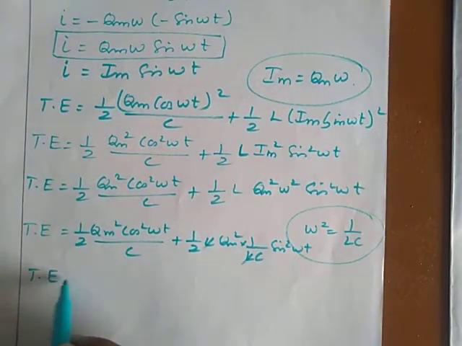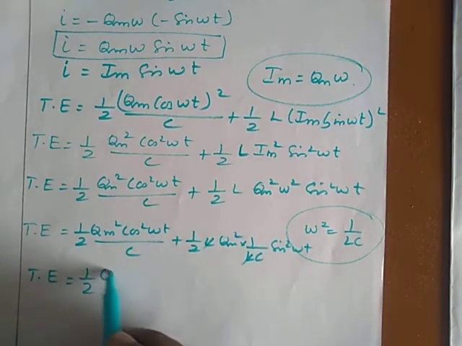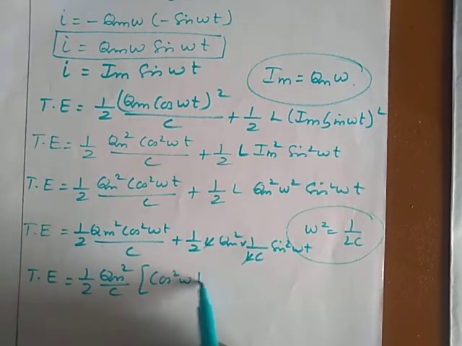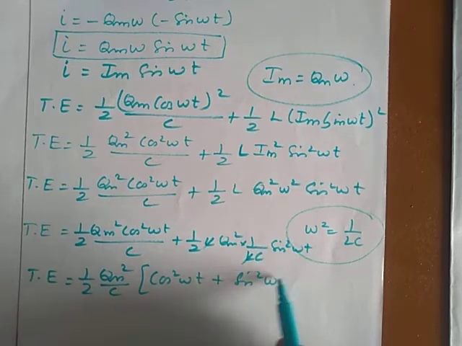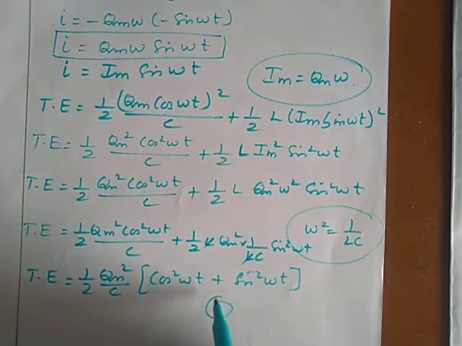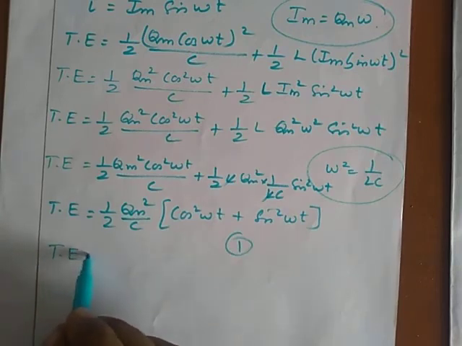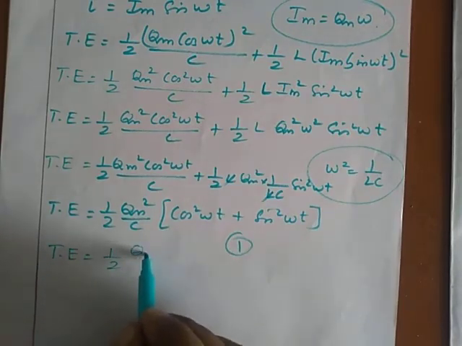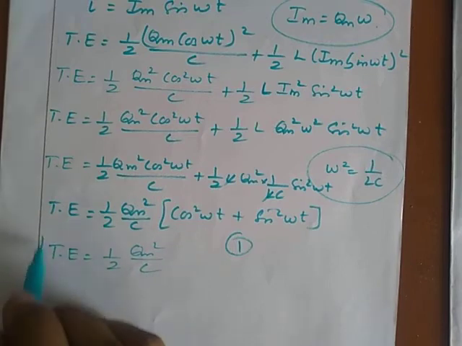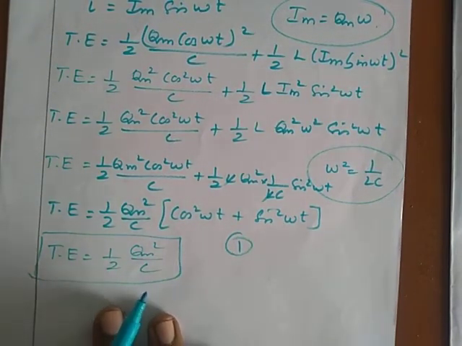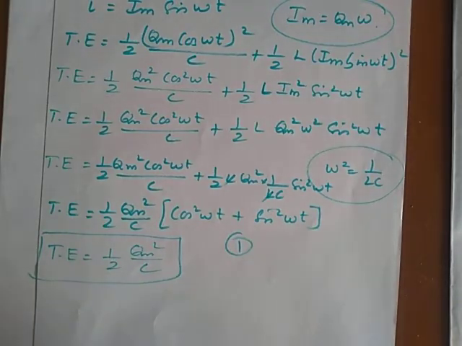Taking out the constant terms, 1 by 2 is common, Qm square is constant and C is also constant. Then we get cos square omega t plus sin square omega t, which we know is 1. Then the total energy becomes 1 by 2 Qm square by C. For the second case, the total energy is half Qm square by C.